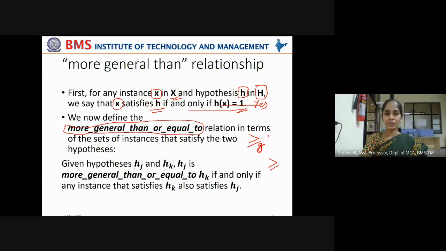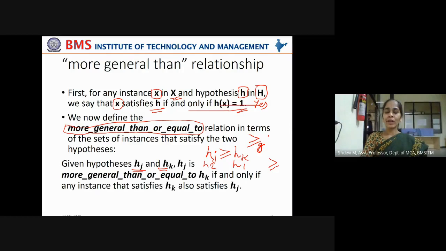Given hypothesis Hj and hypothesis Hk, Hj is more general than or equal to Hk if and only if any instance that satisfies Hk also satisfies Hj. In our previous case, Hj is H2, which is more general than or equal to Hk, that is H1.